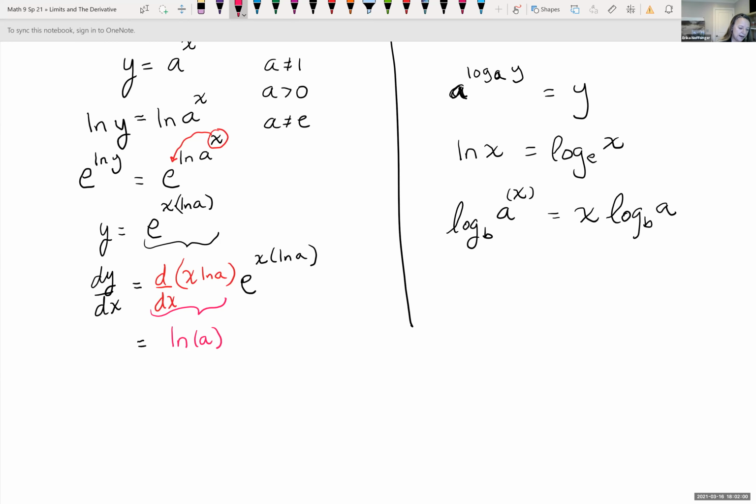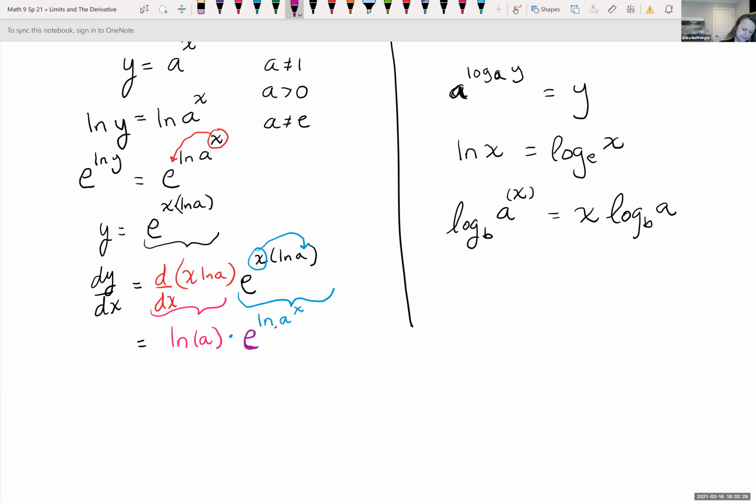And let's rewrite this e piece. Let's move this x in front back up as an exponent. So we can rewrite this as times e to the natural log of a to the x. Well, going kind of backwards, same base here.